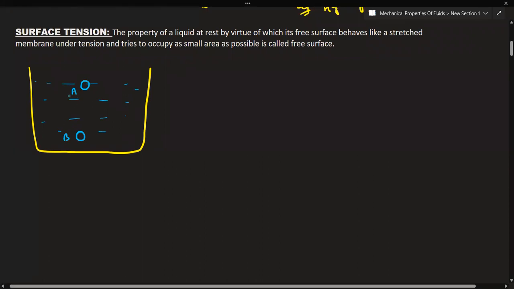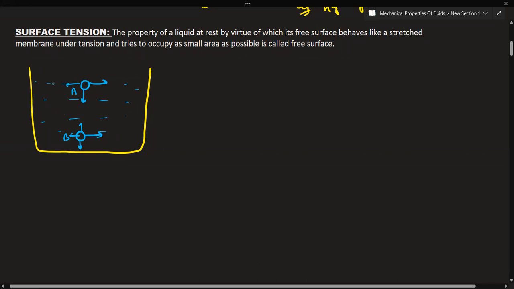For example, I have taken the water molecule A, which is attracted by the water molecules from all sides. Similarly, water molecule B is also attracted from all the sides. Now what happened? There is a net downward molecular force on this A molecule. So this is a result at the surface of a liquid.